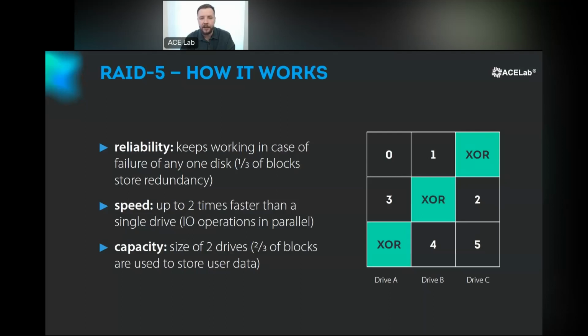RAID 5 works faster than one drive because input and output operations can work in parallel. And RAID 5 has a bigger capacity: the capacity of RAID 5 from three drives is the size of 2 drives. So using three drives, we get a new virtual storage device that has better characteristics than just one drive.